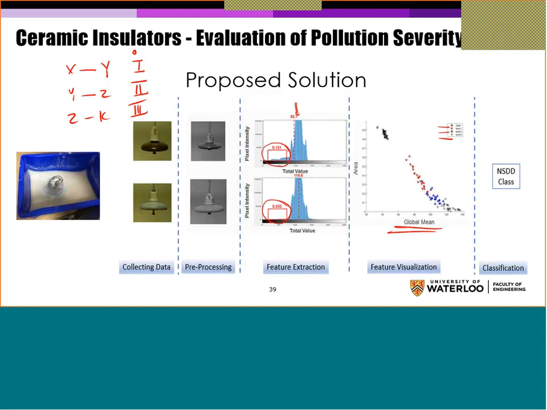When it's clean, it's very far away from the other polluted insulators, so this is a very clear cluster. And here is pollution level 1, 2, and 3. As the pollution increases, the color becomes lighter and lighter, so these values start to change. And this comes up with our NSDD value.